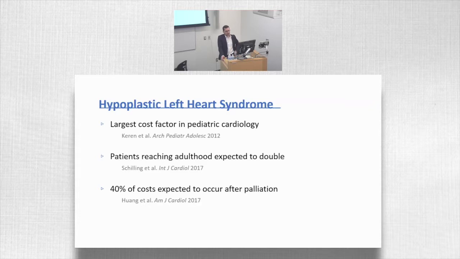We're better, but that also means patients are reaching adulthood more easily, and we expect the number of adults with hypoplastic left heart syndrome to double in the next few years. About 40% of the costs that we spend on all these patients occur after palliation.